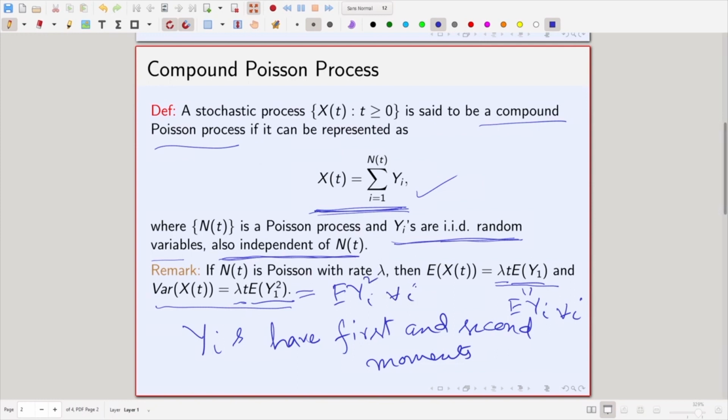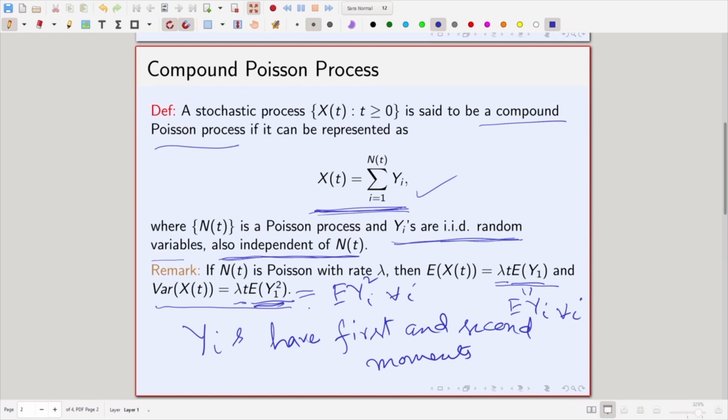Since they are iid, this is just stated in terms of Y_1. So the expectation of X_t is lambda t times expectation of Y_1, and the variance of X_t is lambda t times expectation of Y_1 squared. You should be careful here: it is not the variance of Y_1, but the expectation of Y_1 squared, the second moment of Y_1.